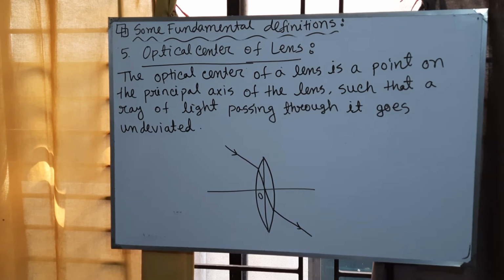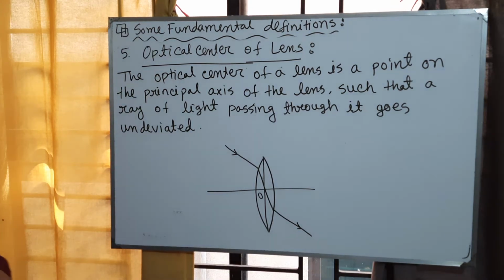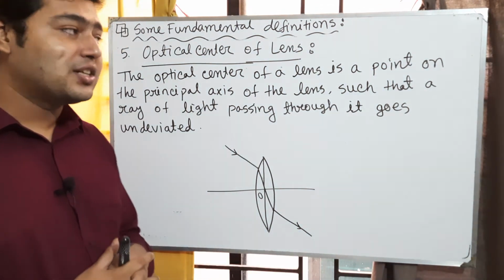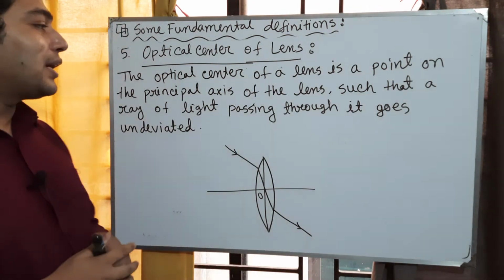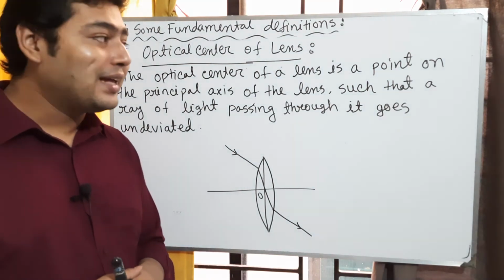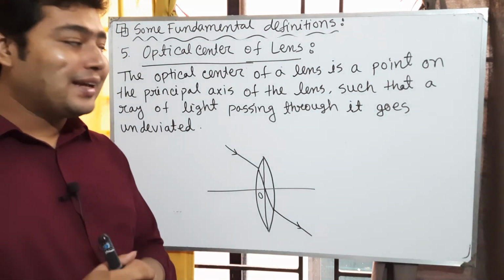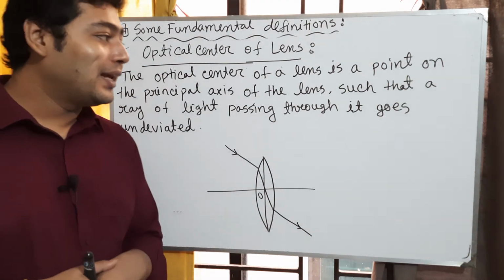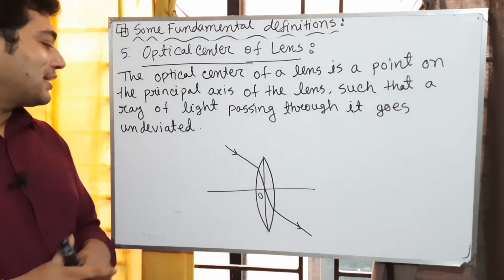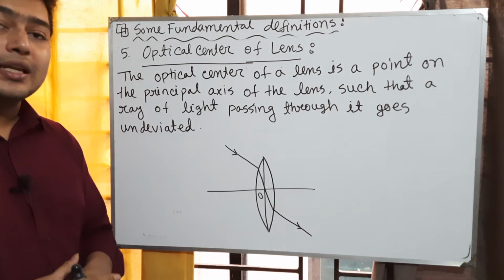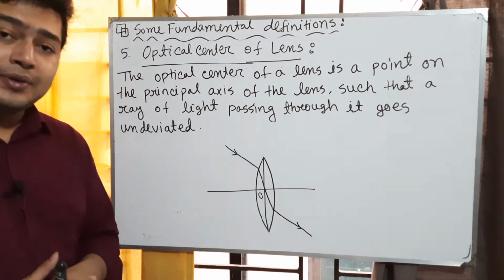Now our definition is the optical center of lens. What is called optical center of lens? The optical center of a lens is a point on the principal axis of the lens such that a ray of light passing through it goes undeviated.